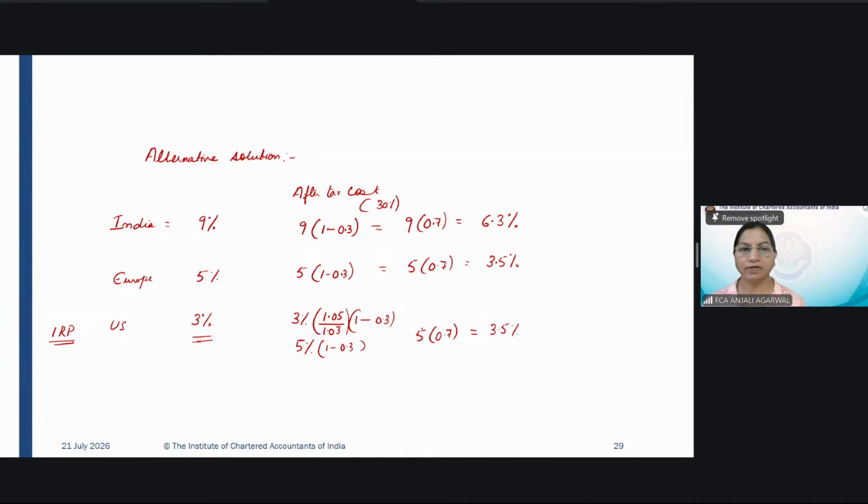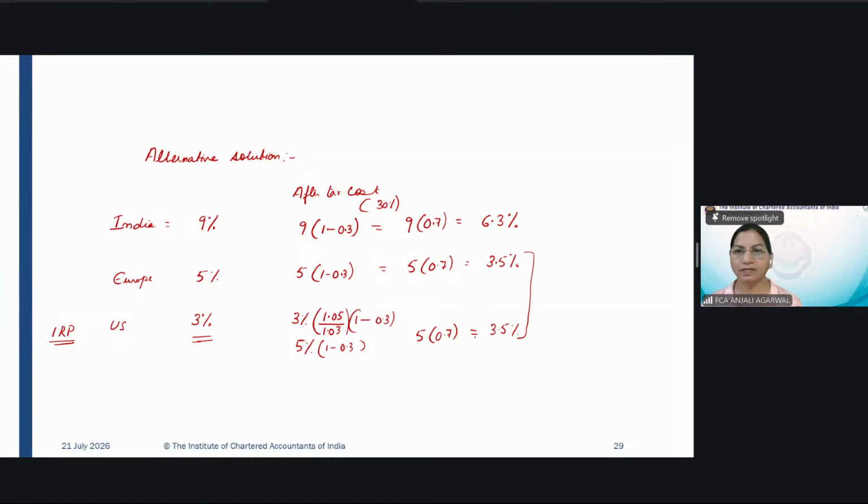So whatever benefit you had against borrowing in US at 3%, that benefit will be lost because the euro will depreciate against dollars. Therefore, no matter whether you take a loan in Europe or in US, because of the interest rate parity, they both will hold good.